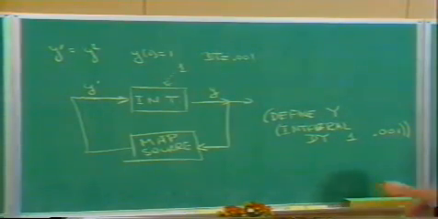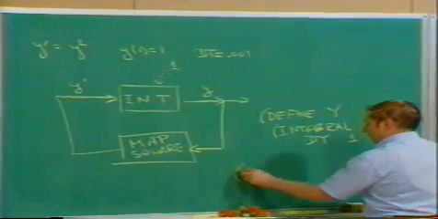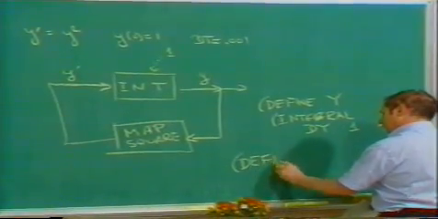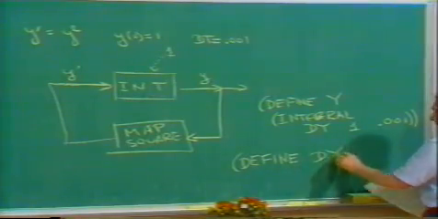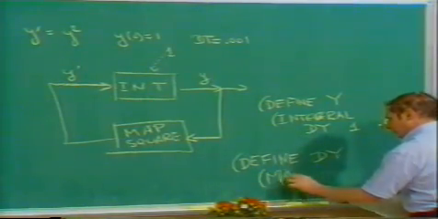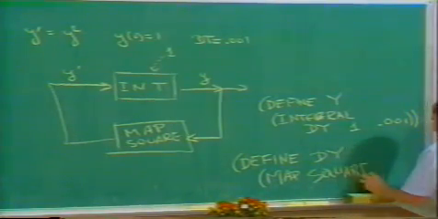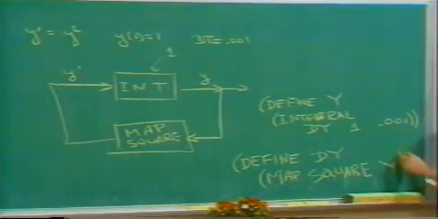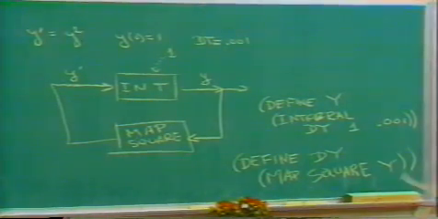And then I'd like to say dy is gotten by mapping square along y. So define dy to be map square along y. So there's a stream description of this analog computer.